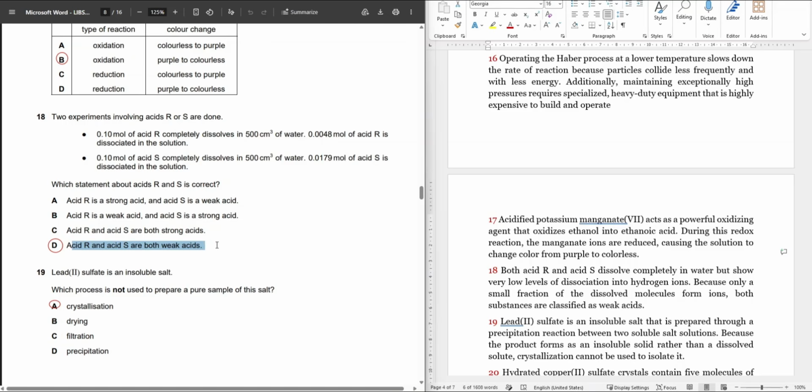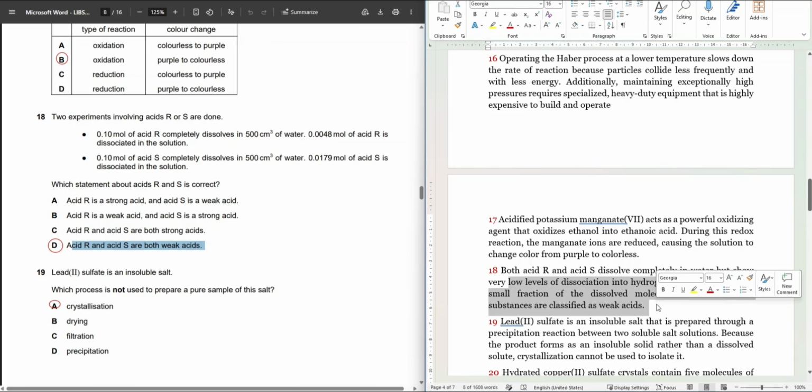So our choice here is option D. The explanation is that both acid R and acid S dissolve completely in water, but show a very low level of dissociation into hydrogen ions. Because only a small fraction of the dissolved molecules form ions, both substances are classified as weak acids.